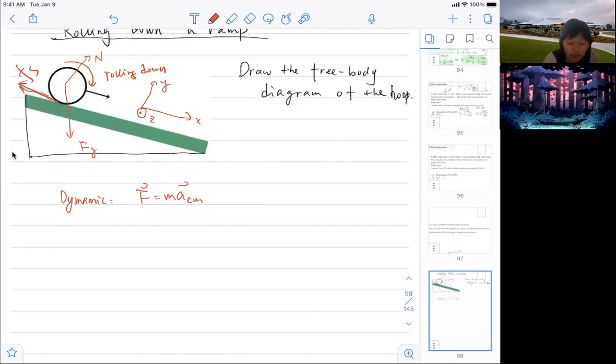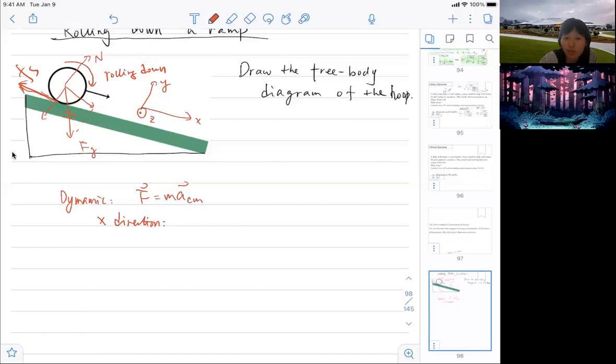X and y, z. The y direction is really the component of gravity canceling out friction, so less interesting, but we're going to focus on the x direction. In the x direction, you have two forces. You have the component of gravity, this component, right?